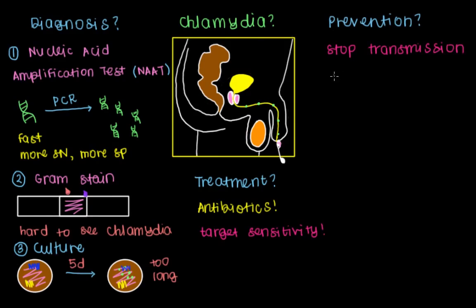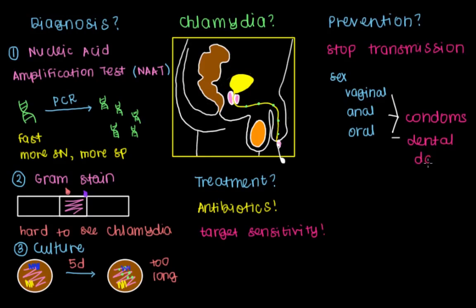And remember, there are several ways that we can transmit chlamydia, mainly through sex, and that can involve vaginal, anal, and oral sex. For all three of these, we can prevent transmission by using condoms. That way we can decrease the amount of direct contact between an infected and an uninfected person. Another thing we can use specifically for oral sex are dental dams, with the same concept that we're decreasing direct contact.